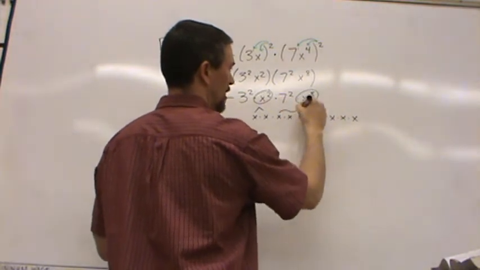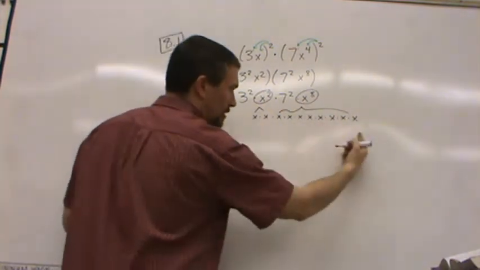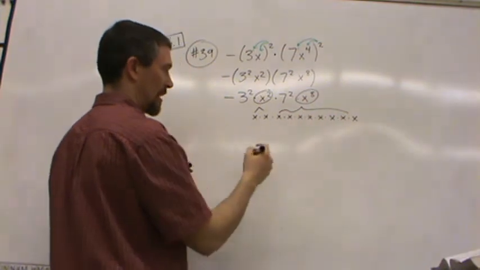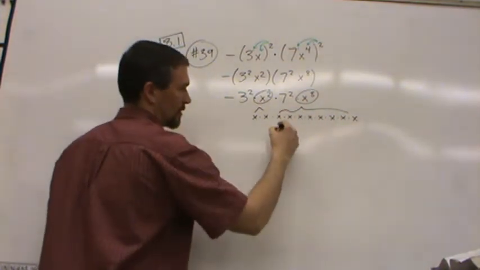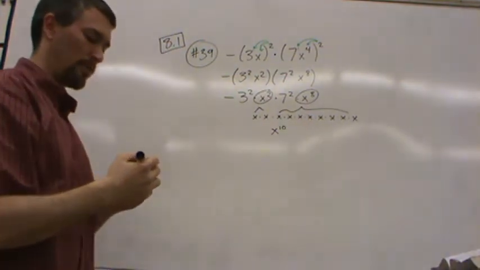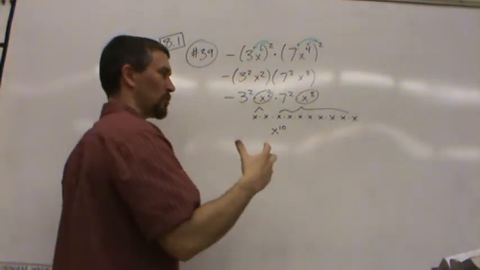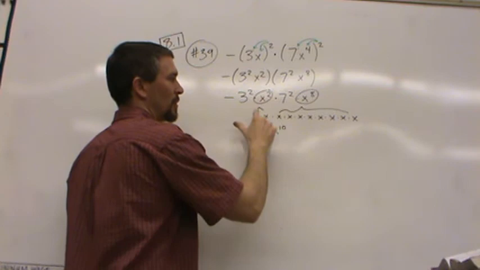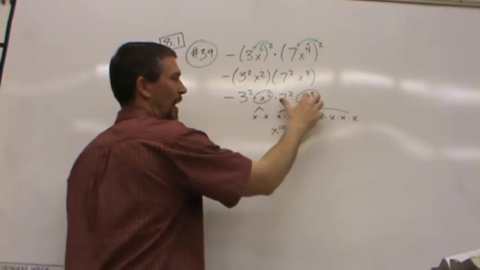So this one actually came from there, and all these multiplied together would end up being x to the 10th. I'm just breaking this out to prove to you, if it helps you, that when you multiply these two, you add the exponents.